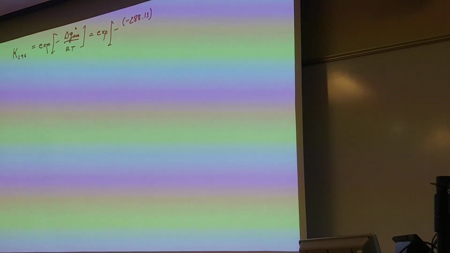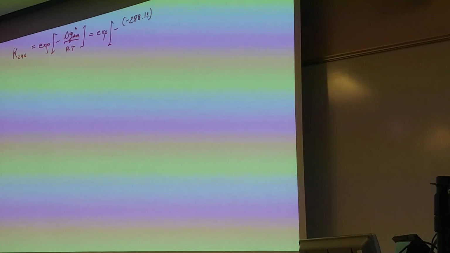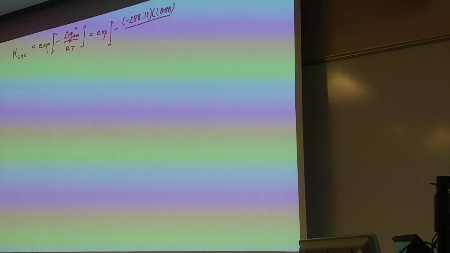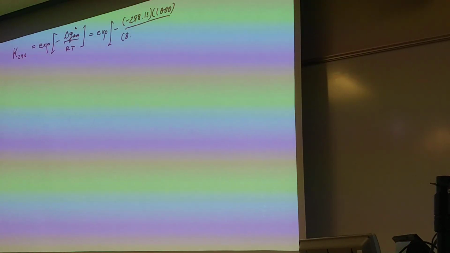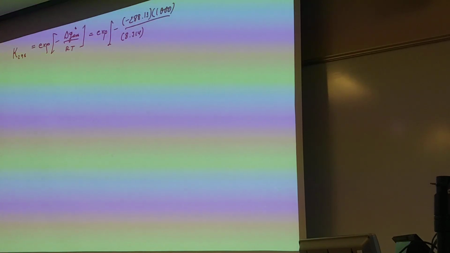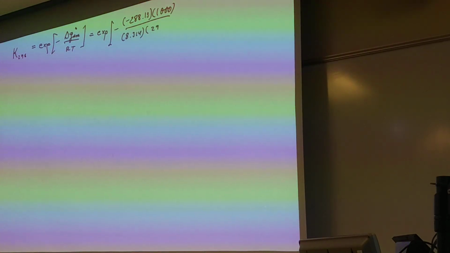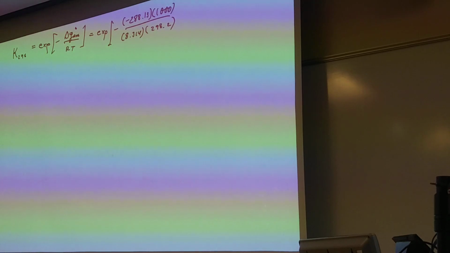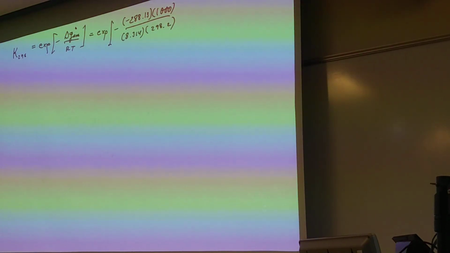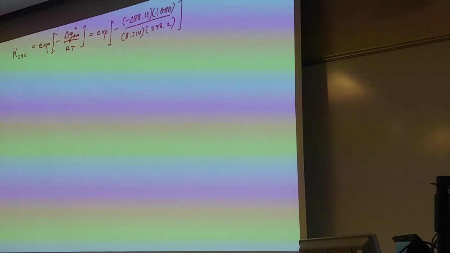And I have to remember now this is in kilojoules, so I'm going to use a value for R which is formulated in terms of joules. So I better multiply by 1,000 here to convert that over into joules. Then I can use my 8.314 joules per mole degree K. And this was at 298. When you write 298, that's an abbreviation for 298.2 or .15, whatever you use.